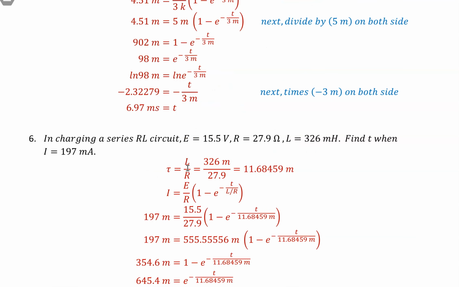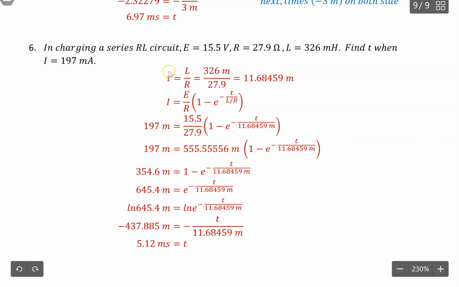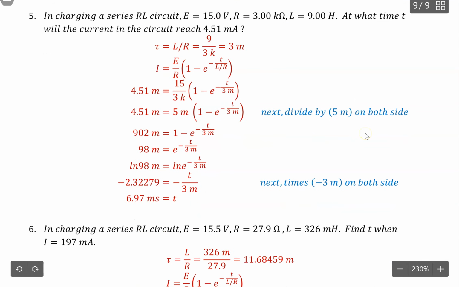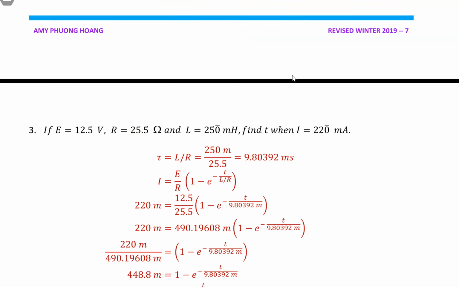I just hope that everyone will not have any particular problem with this at all. I want to remind everyone that in almost every single solution, I always start with finding the time constant, and then simplify your calculation and go from there.